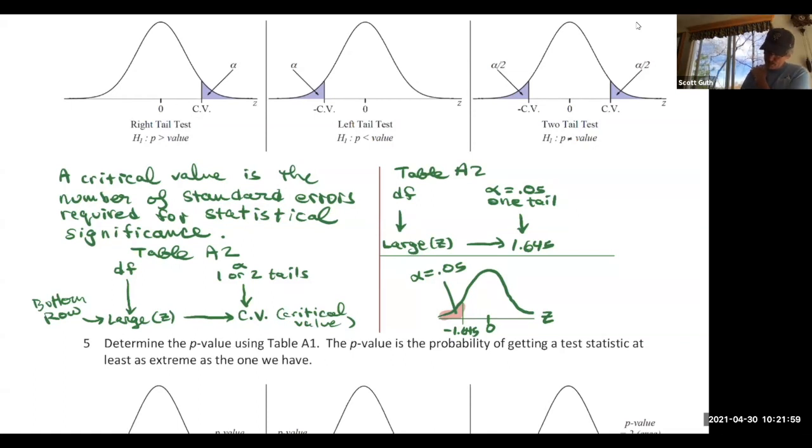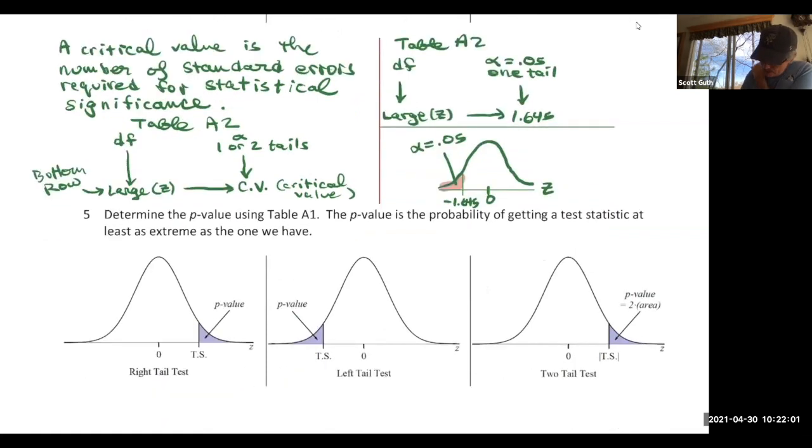Okay. So on ours, our z-score was, I think we said, negative 2.06. Okay. And this is in the tail, which means it's significant.